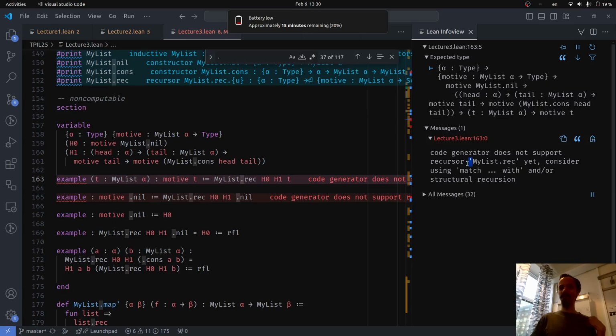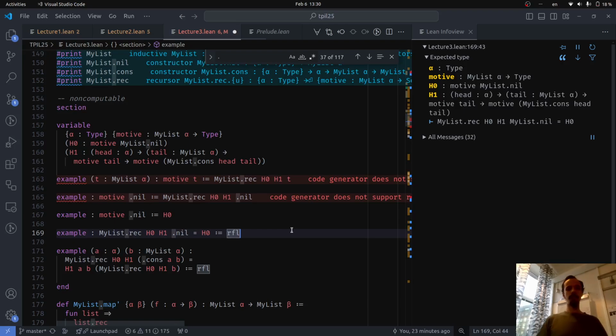It absolutely could, but there are some reasons why you might not want to use the recursor in actual code. So that's why the compiler prefers to have you use pattern matching instead, and it compiles it in a slightly different way.